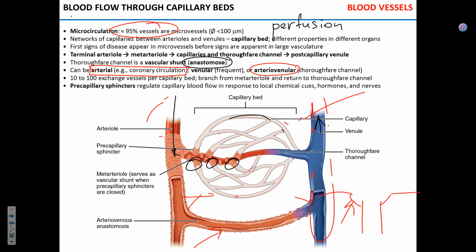One super important statement. We just know that capillary beds are all different. And if you think about it, that makes perfect sense. Capillary beds in the kidney will be different from capillary beds in the muscle, will be different from capillary beds in the brain, and so on and so forth.